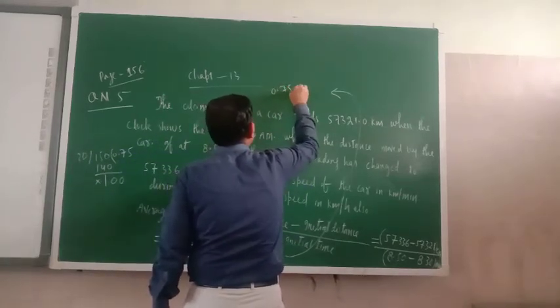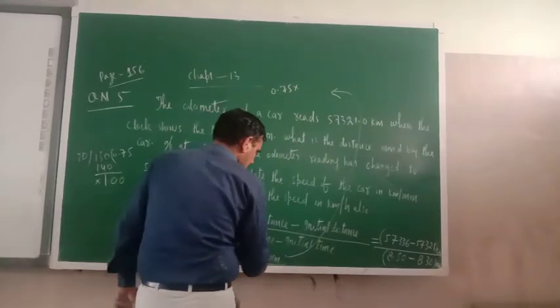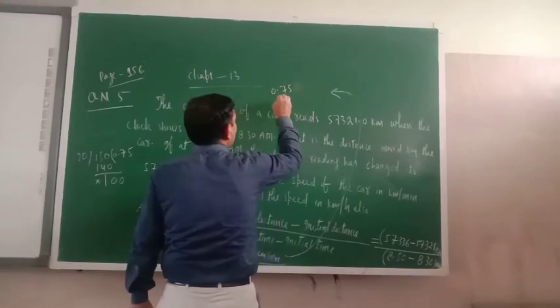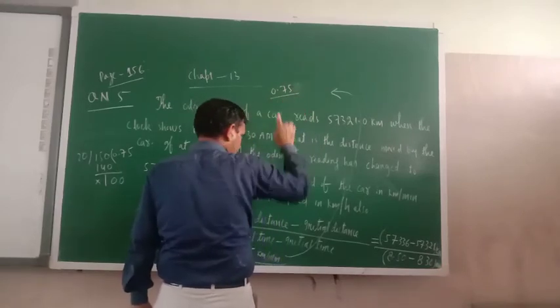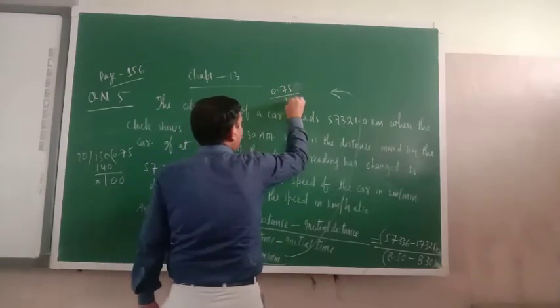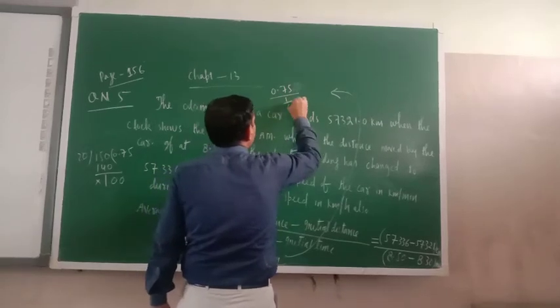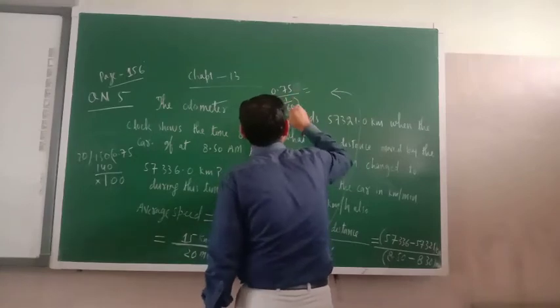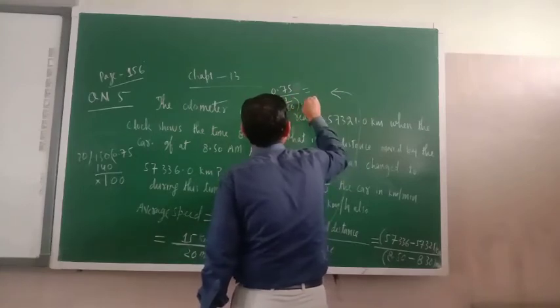So just see, 0.75 into what is there? This is kilometer per minute. So you do one thing. Here you write per minute 1/60. So this will be equal to, here this is minute.